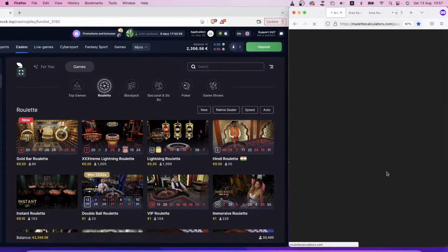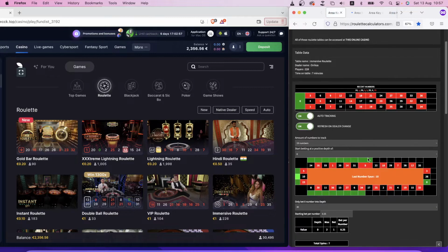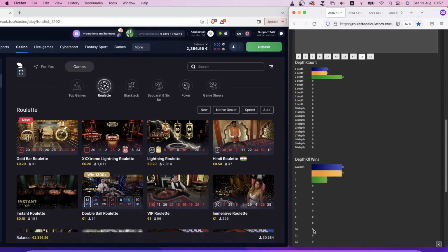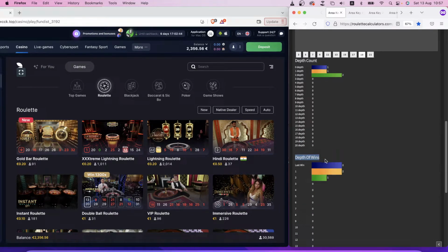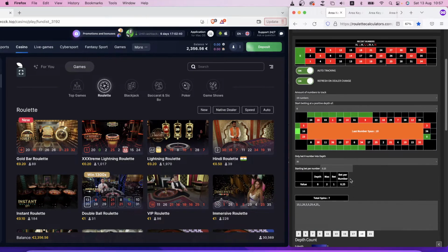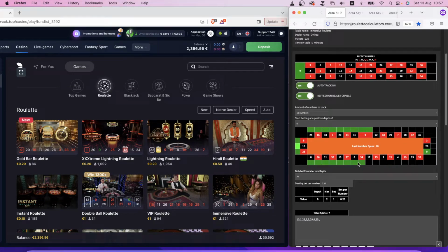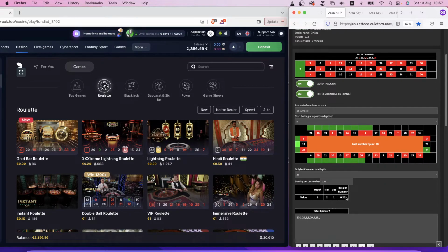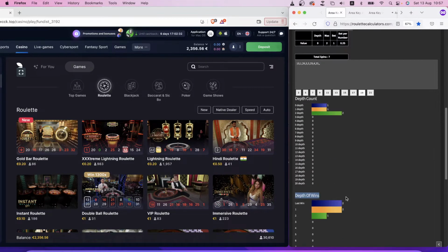If it lands on the highlighted area, like it just did, then the depth count here either returns to 0 or stays at 0. And whatever the depth count was in there gets transferred down into this depths of win bar chart. And that basically gives us an indication on if the dealer is favoring the side of the wheel that they're spinning the ball from or the opposite side of the wheel. In this case, it looks like they're favoring the opposite side of the wheel.